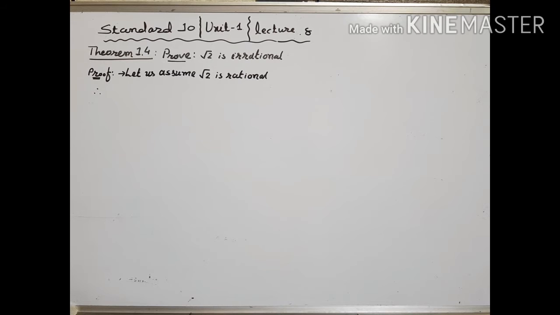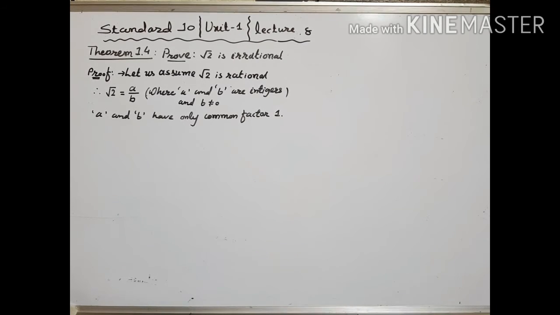If we say root 2 is rational, then we can write root 2 as a ratio of two integers a and b, where a and b have only common factor 1. Can you think when this can happen? When we write any ratio and cross out all the common factors of numerator and denominator, whatever value remains has only common factor 1.